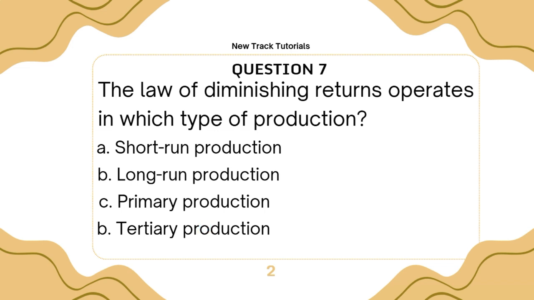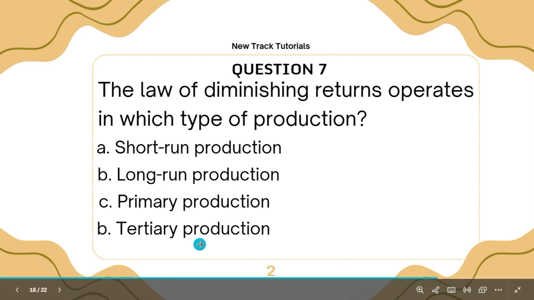So, in which type of production does this happen? This happens in short run production, because in short run production some inputs are fixed while the others vary. So while some inputs are fixed while the others vary, then that is short run production.